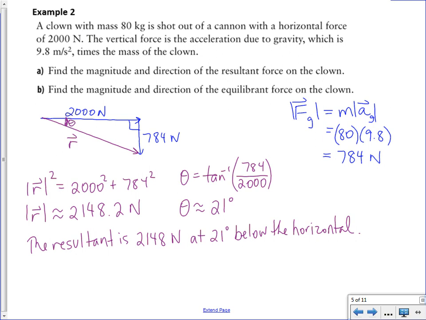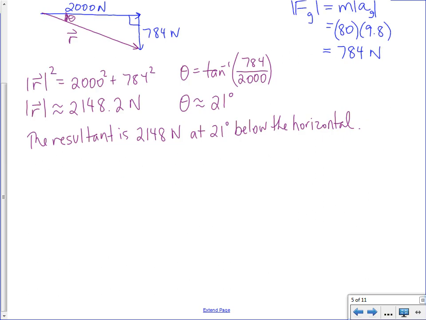For the equilibrant force, you have to do zero work for the equilibrant force. After all the work's here, the equilibrant force is, in terms of magnitude, is it any different?